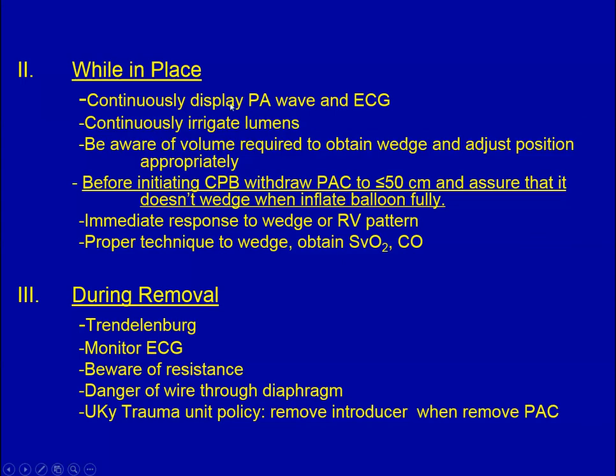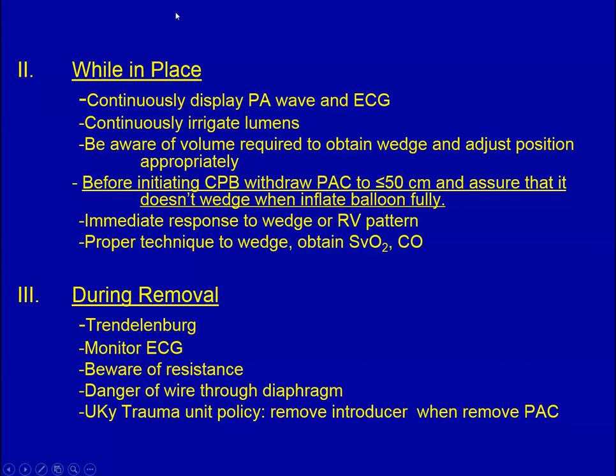While it's in place, you must continuously display the pulmonary artery waveform and ECG. The lumens must be irrigated continuously. You must always be aware of the volume required to obtain a wedge trace. Before initiating cardiopulmonary bypass, one must withdraw the PA catheter and assure that it doesn't wedge when the balloon is inflated.